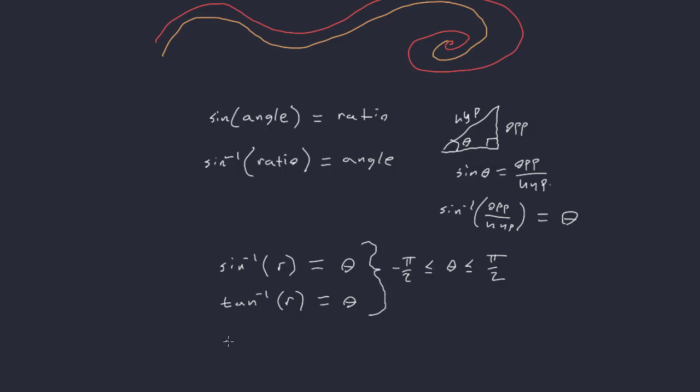Cosine is the one that's different. Cosine inverse, we give it a ratio, it gives us an angle, but that angle is between 0 and pi.